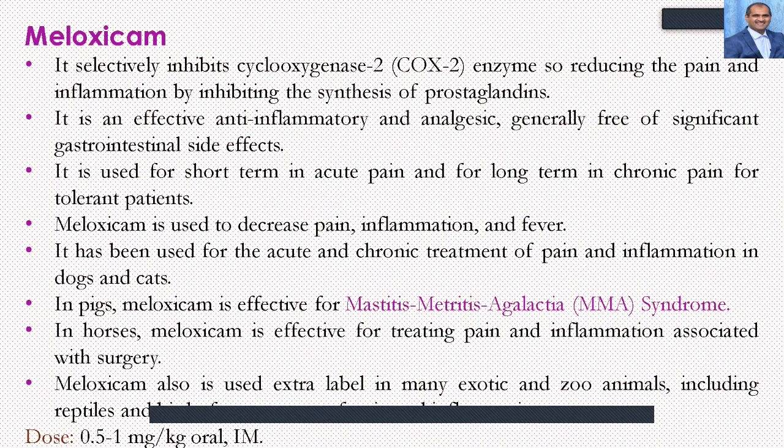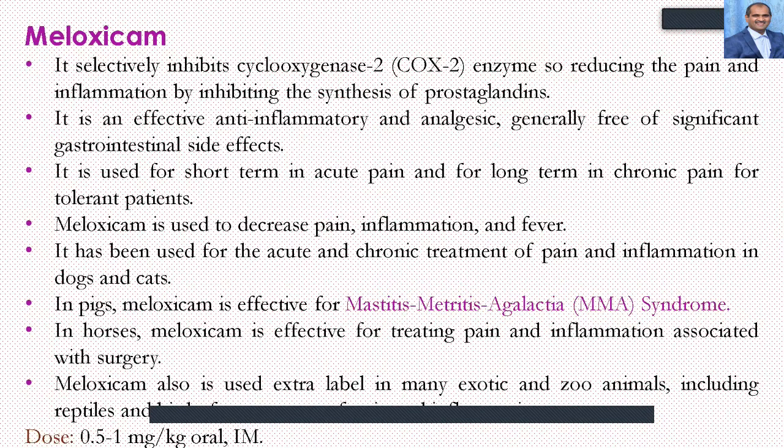Mastitis metritis agalaxia syndrome. Of course, in horses, meloxicam is effective for treating pain and inflammation associated with surgeries. And meloxicam is also used extra label in many exotic and zoo animals, including reptiles and birds, for the treatment of a variety of inflammations.